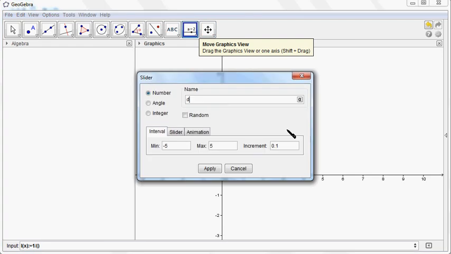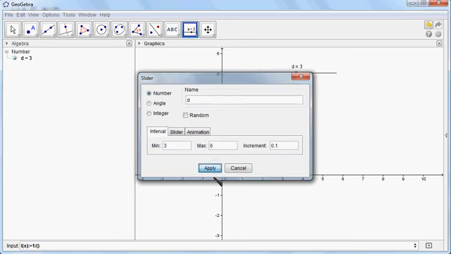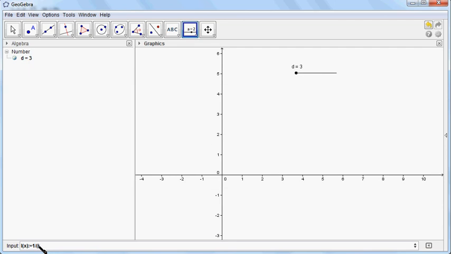So I'm going to call this d, and d is going to be between, say, 3 and 6. You can use different numbers, but it at least covers 3 and 6. And then say apply. So you have a slider. Then you can define the function using d.